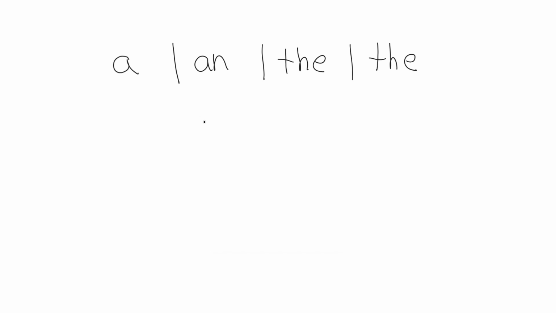Now let's do a little recap. When do you use a? You use a before consonant sounds. What about an? When do you use an? You use an before vowel sounds. When do we use the?